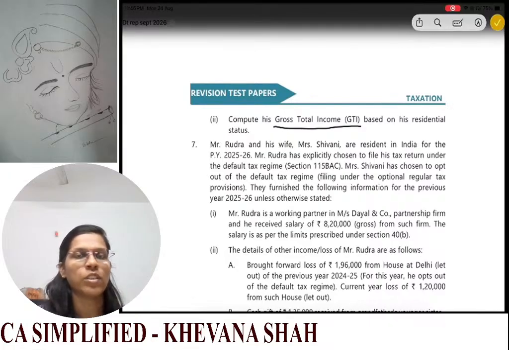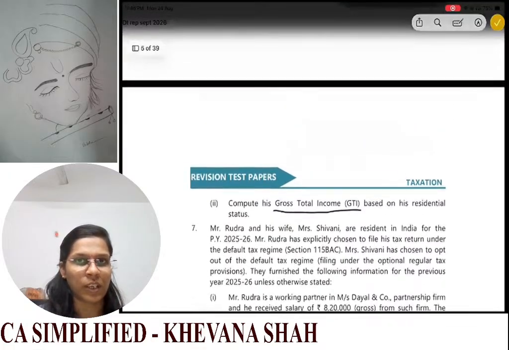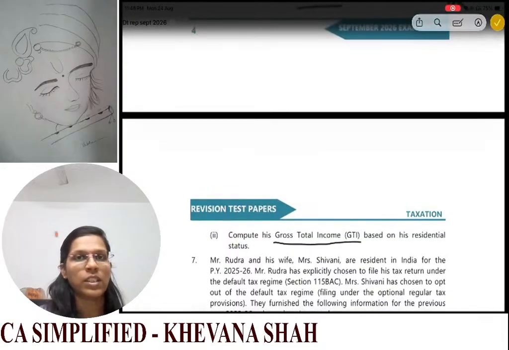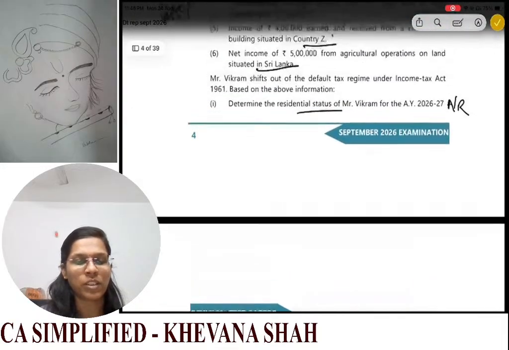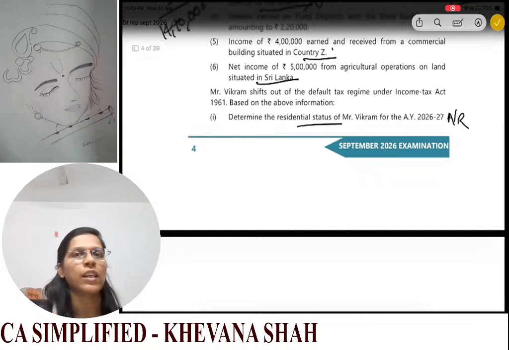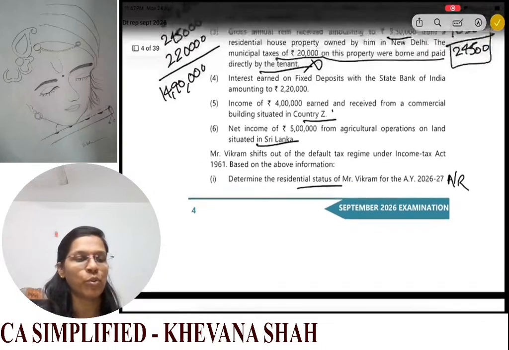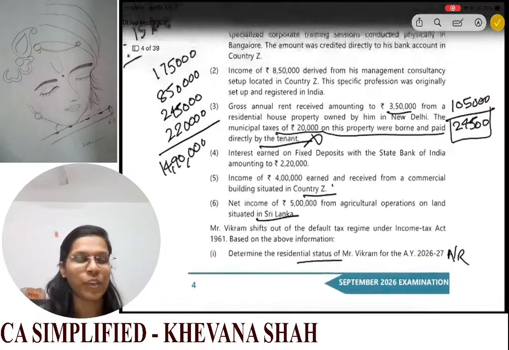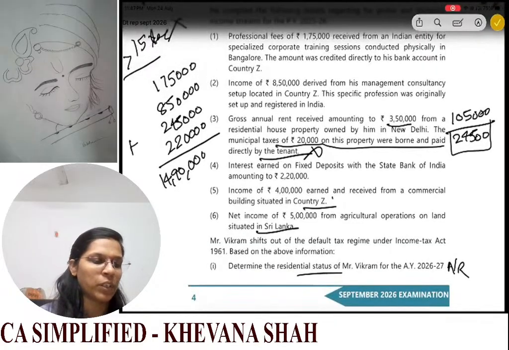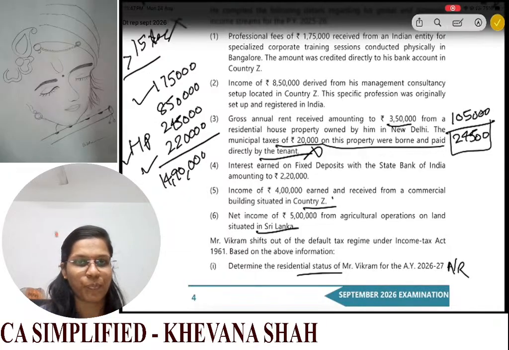Now, for computation of gross total income, what we need to do is income received or deemed to be received in India and income accruing or arising or deemed to accrue or arise in India. So your house property will be considered. Okay. Then your professional income from Indian activities 1,75,000. Your SBI interest of 2,20,000.